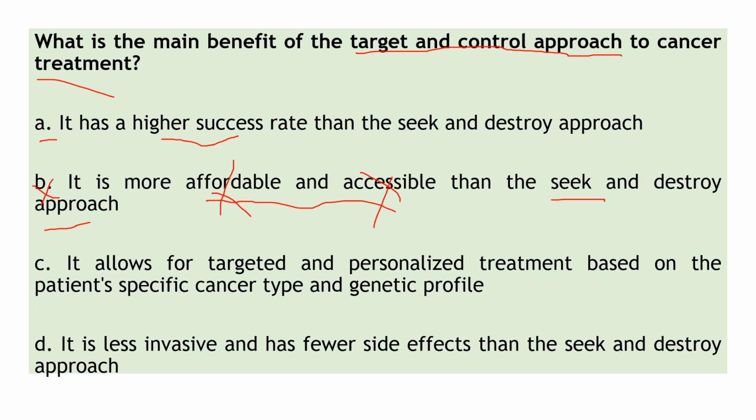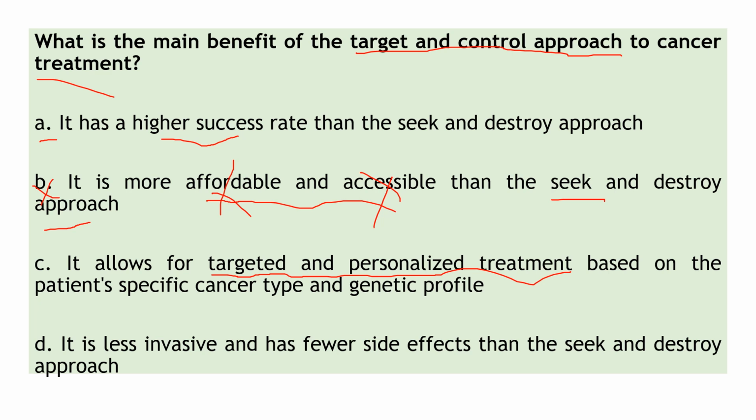C, it allows for targeted and personalized treatment. So remember, this could be the best answer because, with a targeted approach, instead of attacking all the cells of the body, which has many side effects, the patients don't have such a really bad time.